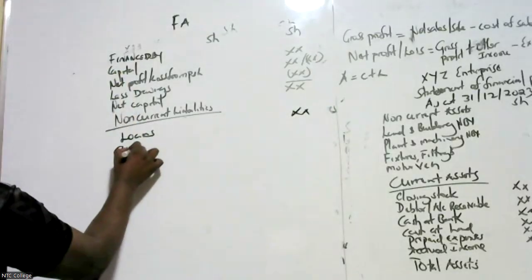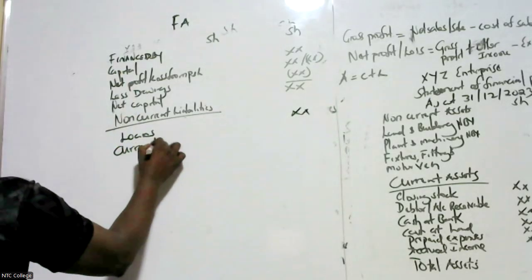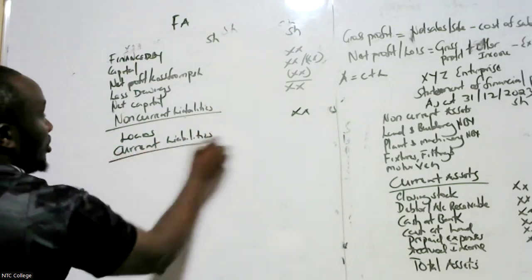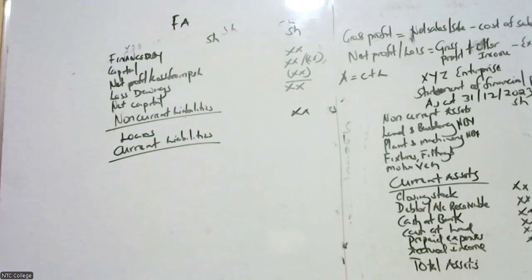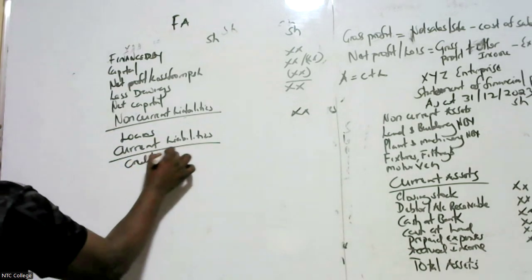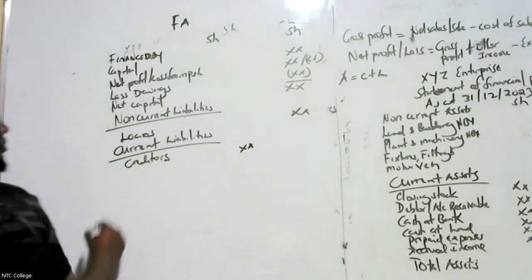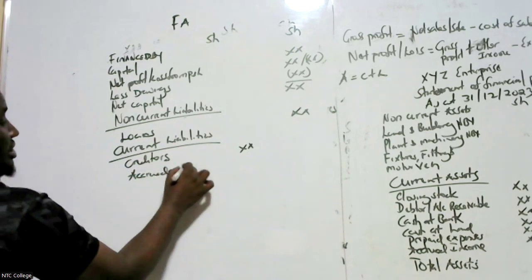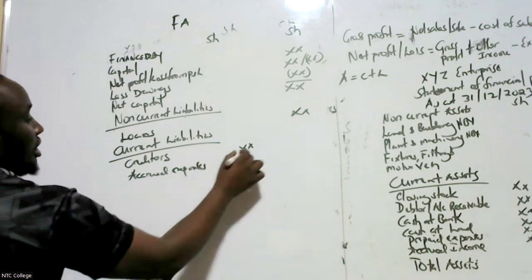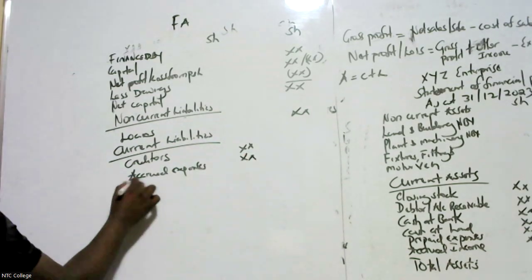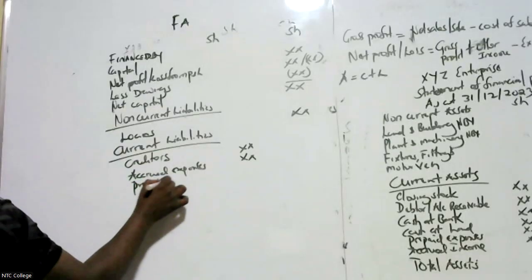Then we have the current liabilities. So current liability, we have creditors, accrued expenses. Then we have what we call prepaid income.